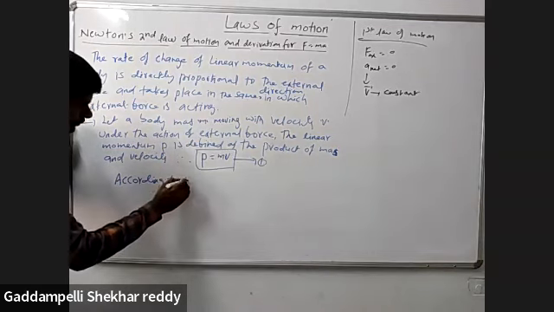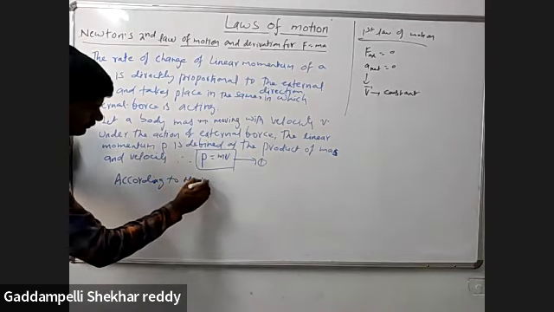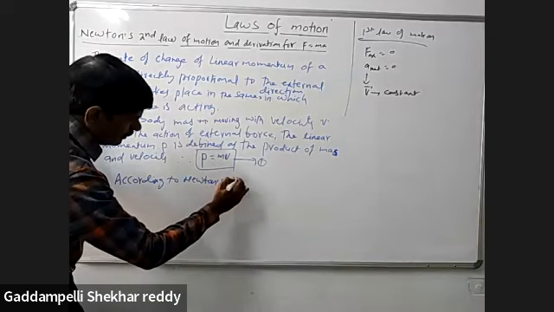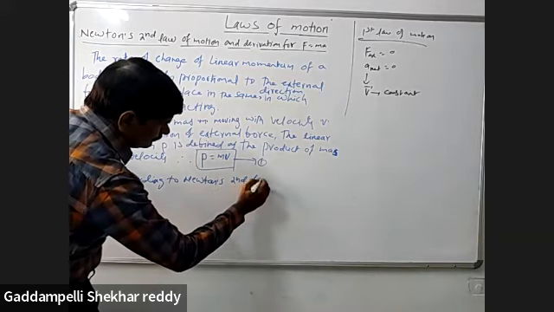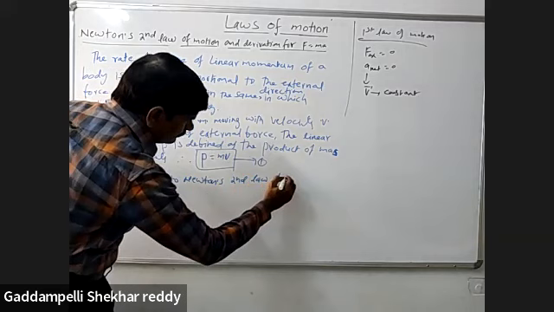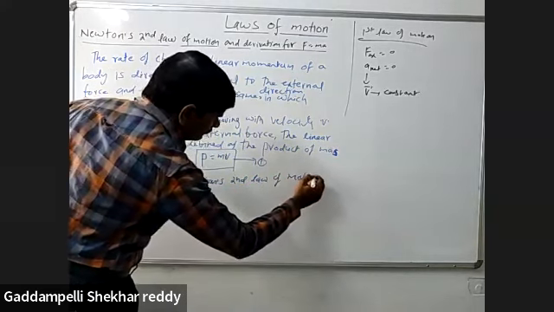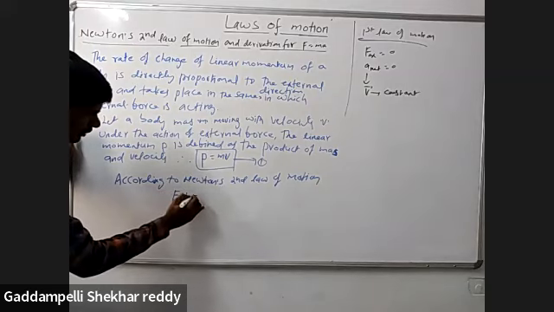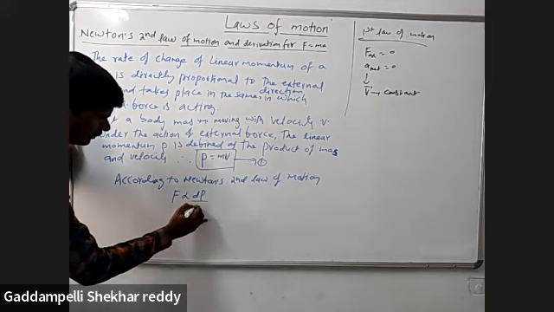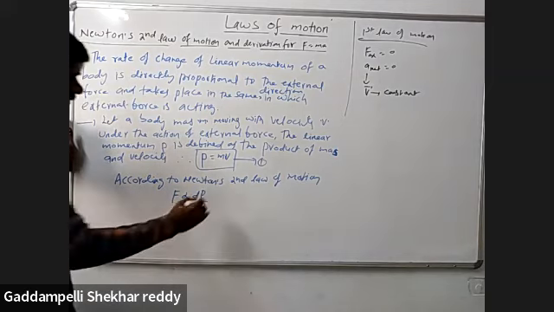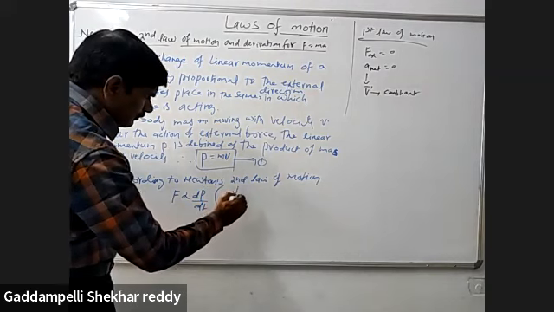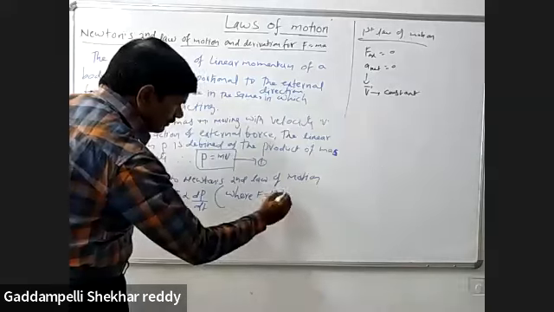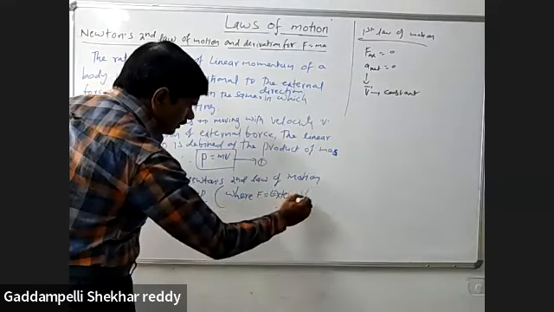According to Newton's second law of motion, F is directly proportional to dp by dt, where F is the external force.